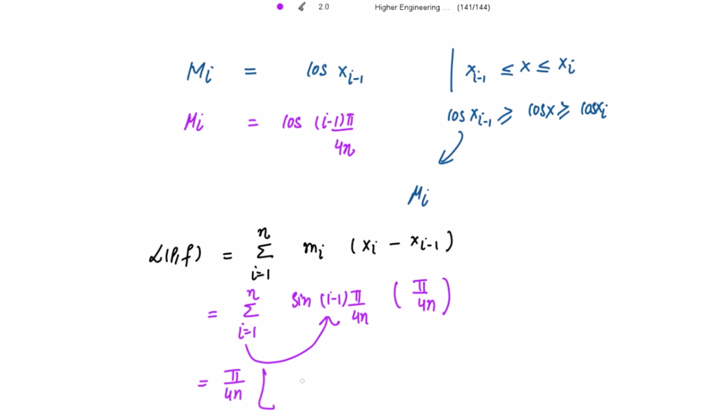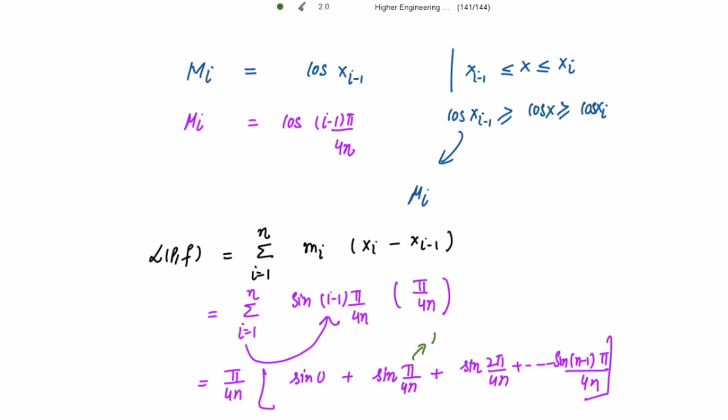we are getting this to be sine of 0 plus sine of pi divided by 4n plus sine of 2 pi divided by 4n plus and so on, sine of (n minus 1) pi divided by 4n. And there is a formula for this series.